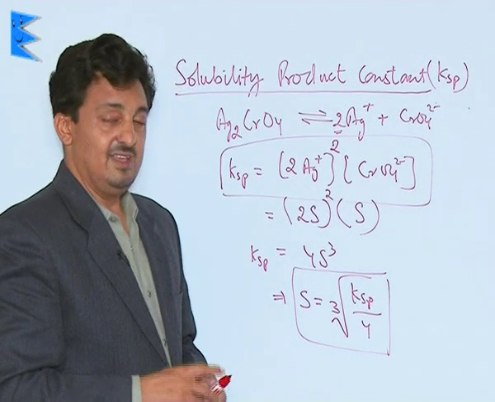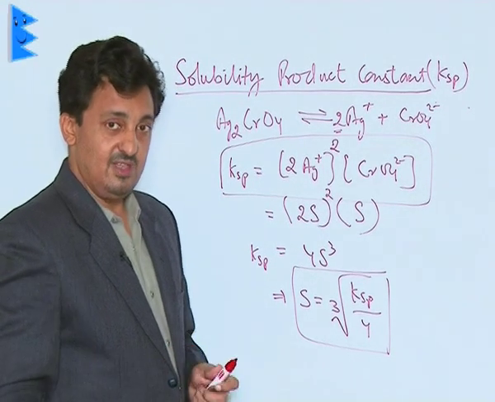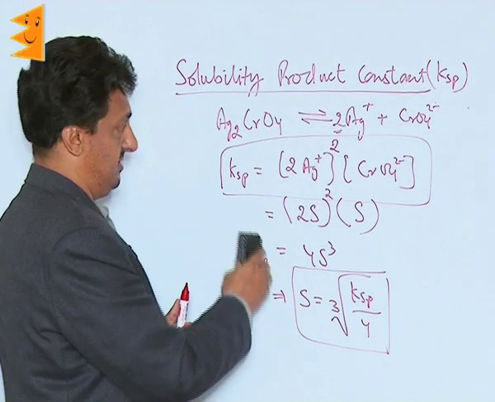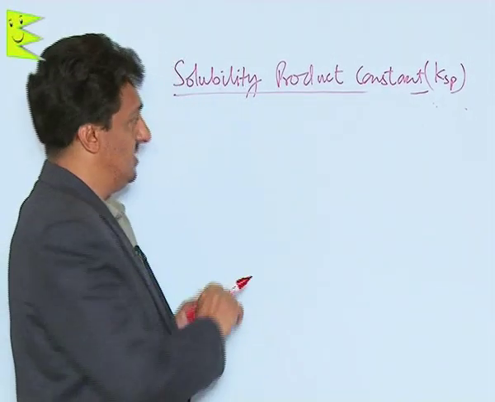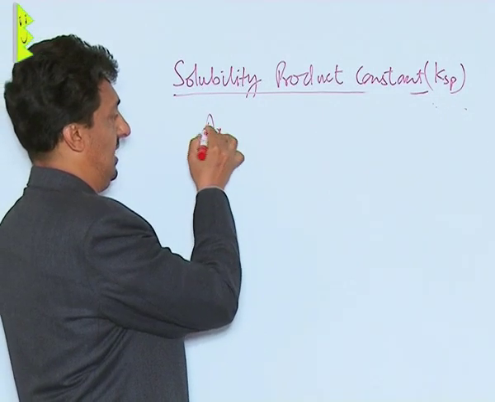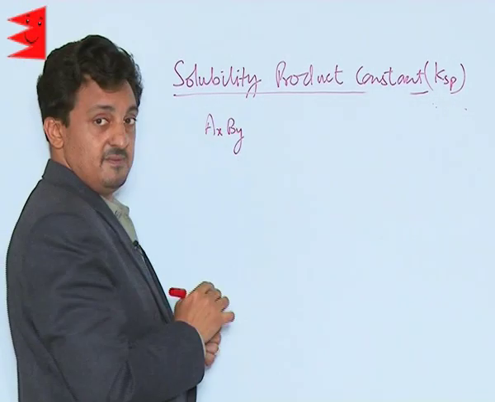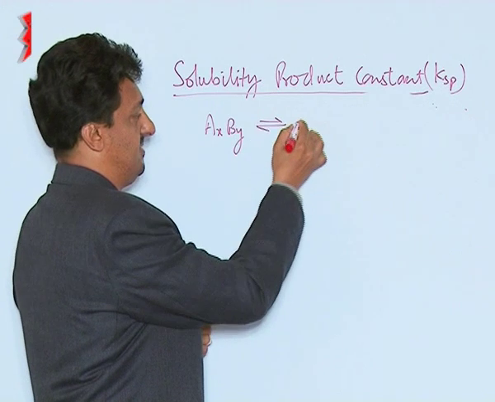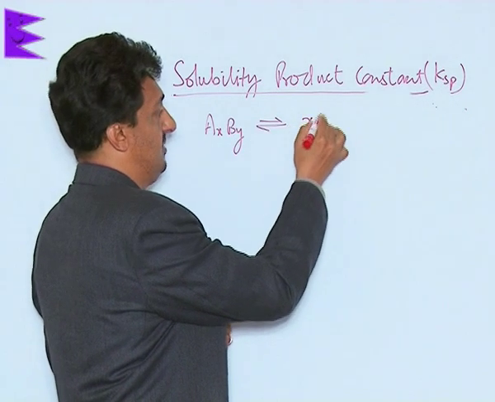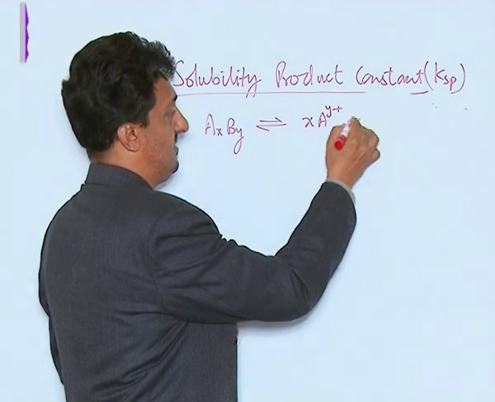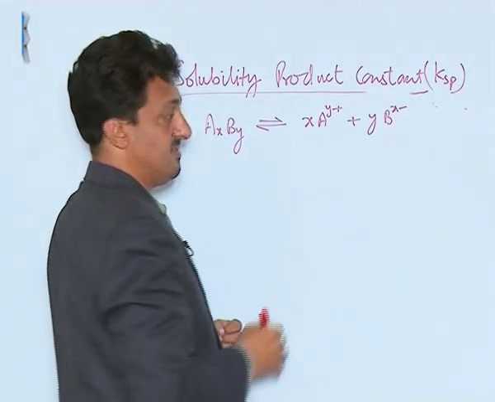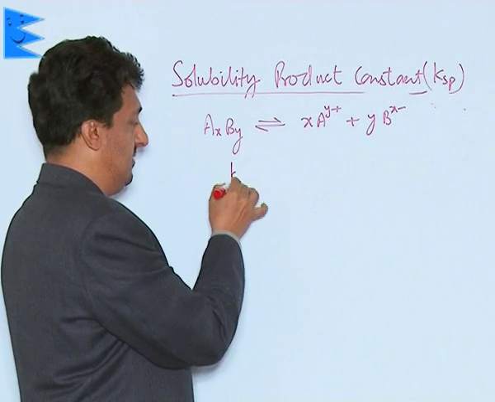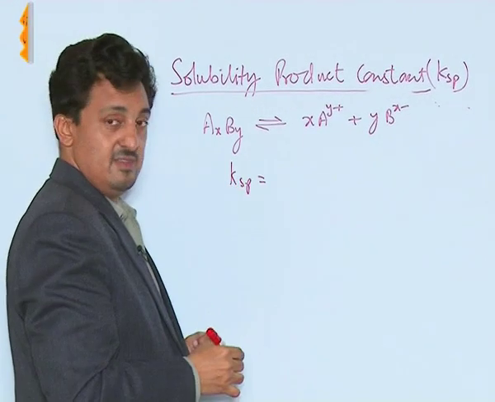So in general, let me give you a formula for how to find the expression for Ksp. Suppose a salt is AxBy. It is going to give us x moles of A^y+ and y moles of B^x-. So how will we write its Ksp expression?